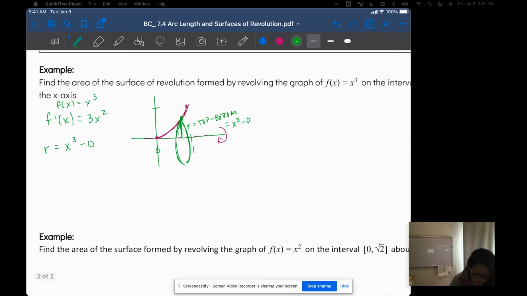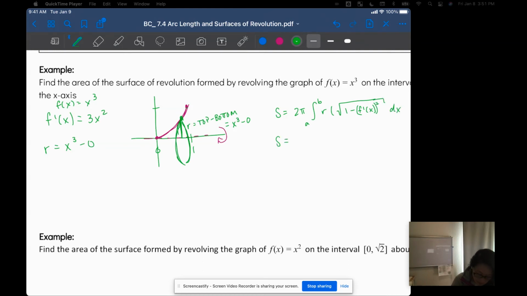So now we can just plug this into our formula. The surface area is equal to 2 pi times the integral from a to b of r times the square root of 1 plus f prime of x squared dx.